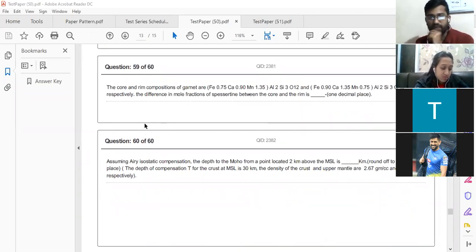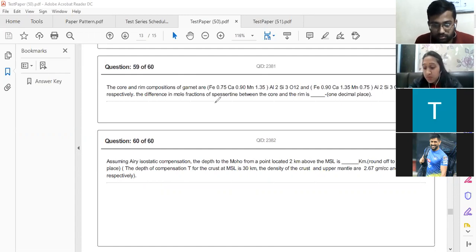Next, the core and rim composition of garnet are given. The difference in mole fractions of spessartine between the core and rim is. Okay, now spessartine. What is the composition of spessartine? Mn garnet, manganese bearing garnet, Mn3. So this is the important thing.